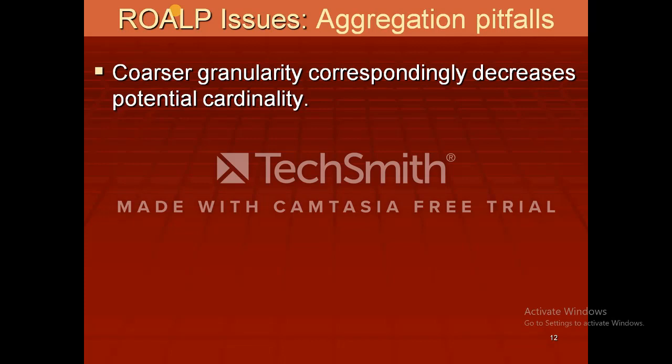So the meaning of coarser granularity is the storage of information in a less detailed format. And when we store less detailed information inside a table, the number of rows also decreases. So the potential cardinality means the number of rows.